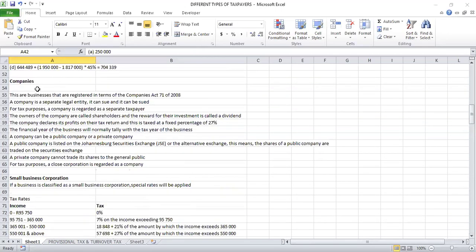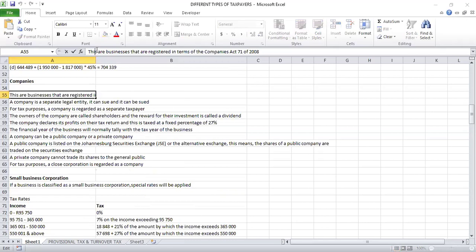Then companies, these are businesses that are registered in terms of the Companies Act 71 of 2008.